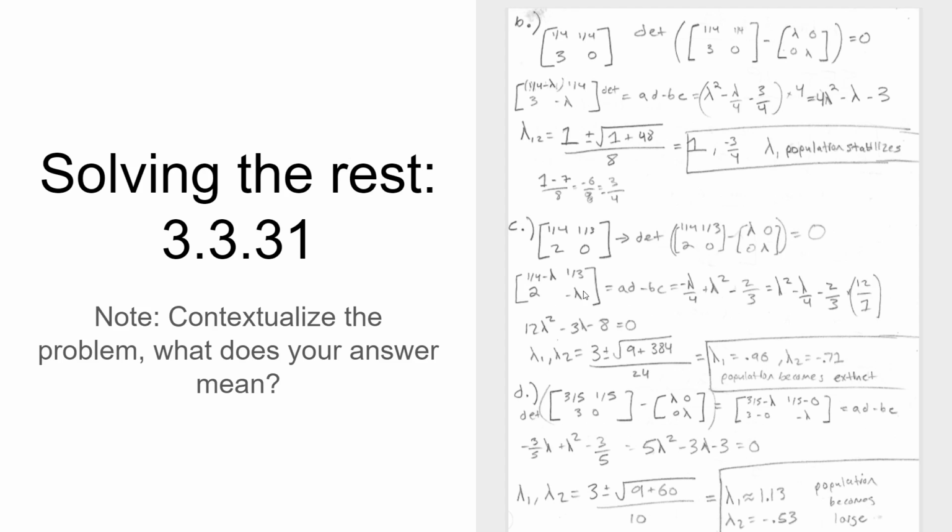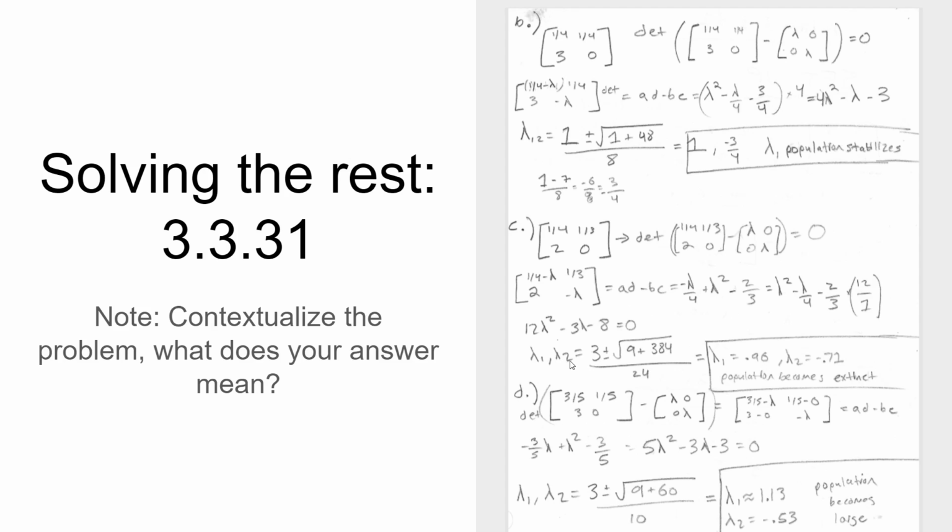And then once we subtracted the matrices, we figure out the determinant of this matrix, and then we solve for lambda when this is equal to 0. For this one here, I multiplied it by 12, so all the coefficients were whole numbers. And once all the coefficients were whole numbers, I figured out lambda 1.